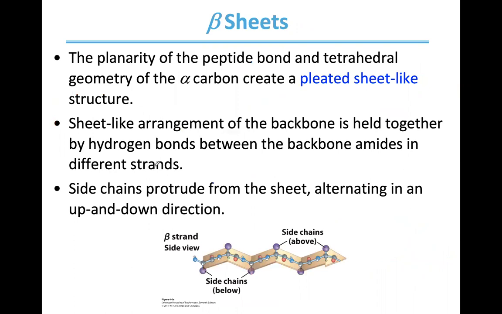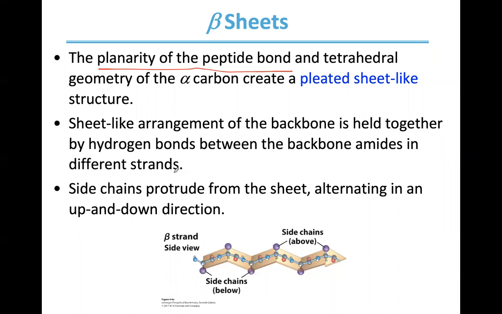Beta sheets. All right, so this is the second secondary structure we're going to look at. Because of the planarity of the peptide bond, it's possible to have some type of pleated sheet-like structures, okay? And they're held together by hydrogen bonds between the backbone amides of different strands, right?